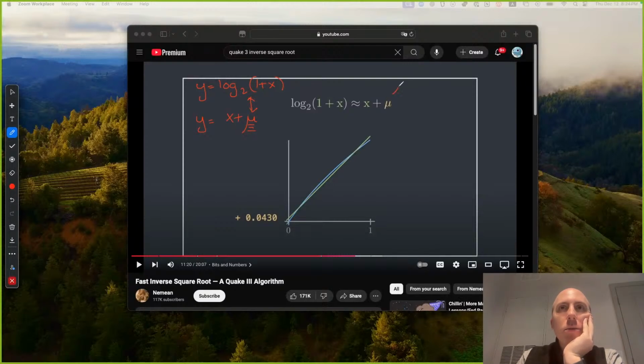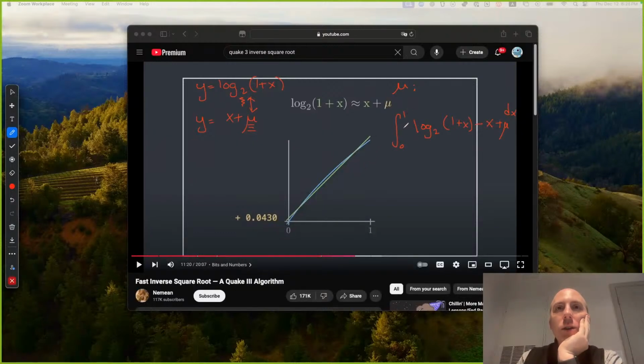So for any given mu, if we actually fix mu, then it seems like if we take the integral from 0 to 1 of this first function here, log base 2 of 1 plus x, minus x plus mu dx, then for a fixed value of mu we could evaluate this function and get a number.